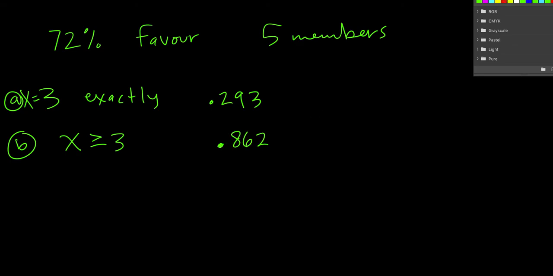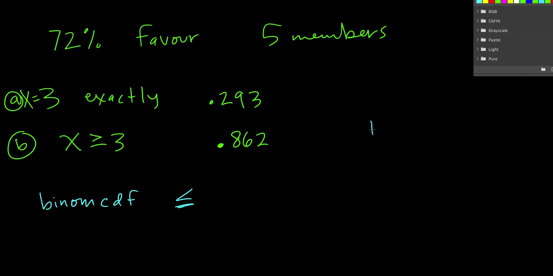Okay, let me just explain that real quick. So when we use binomCDF, it's assuming a less than or equal to.